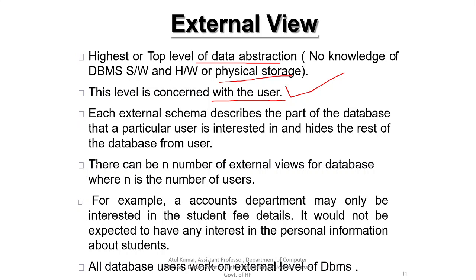There can be any number of external views for a database. Suppose we have n external views for a database, where n is the number of users. Any number of users can access the database based on their requirements or needs. All the database users work on the external level of DBMS.